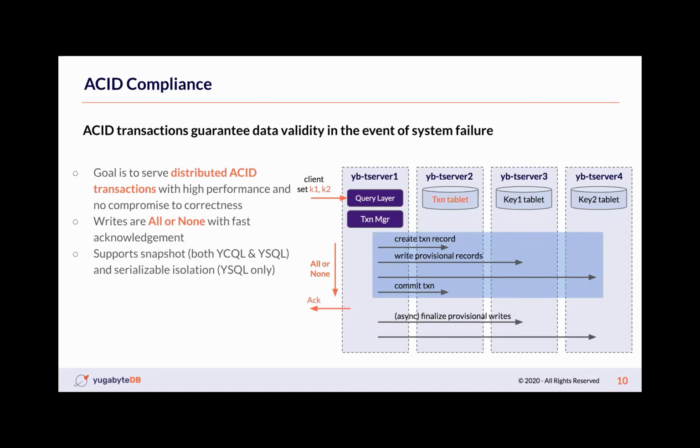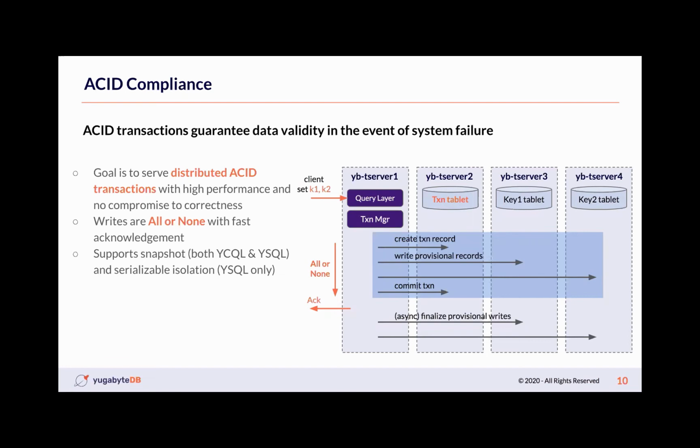The way this happens is by using a two-phase commit internally, where the transaction performs a lot of provisional writes that go to the various tablets or to various shards and write each of the pieces of data. And once all of those provisional writes are successful, the entire transaction is flipped to being visible, at which point it starts getting served.